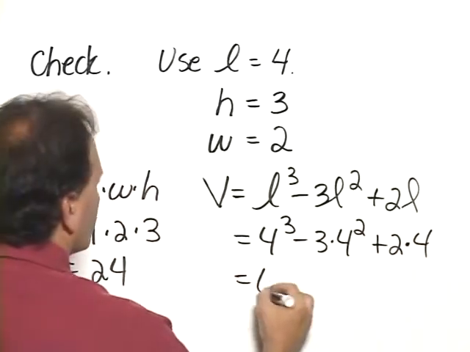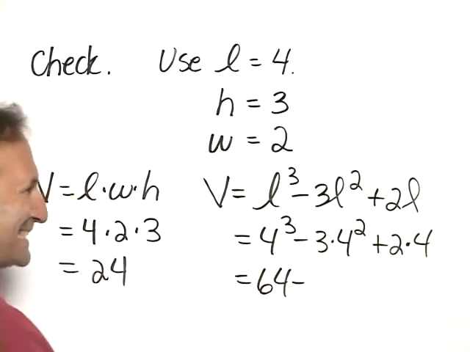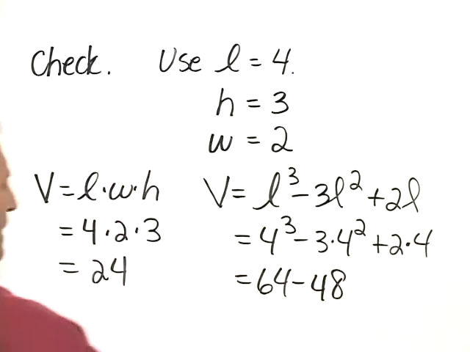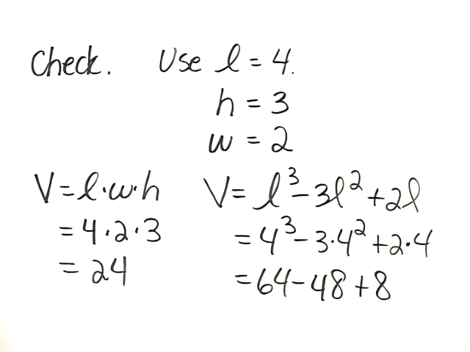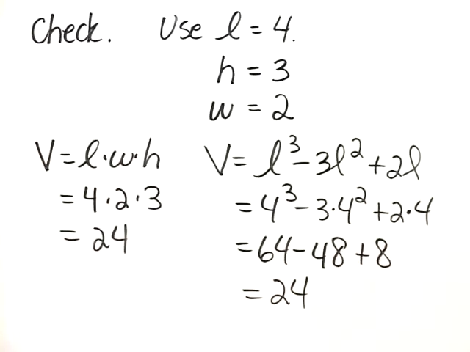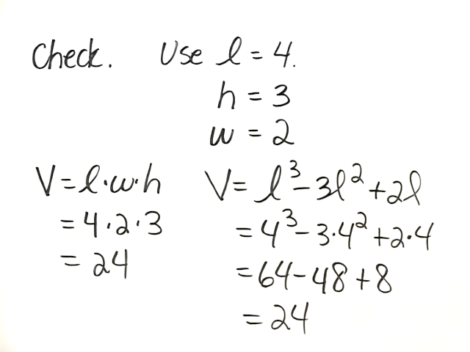This would be equal to 64 minus, 4 squared is 16, 16 times 3 is 48, plus 2 times 4, which is 8. When we simplify, we will get 24. Since those two volumes match, we can assume that we have the correct formula.